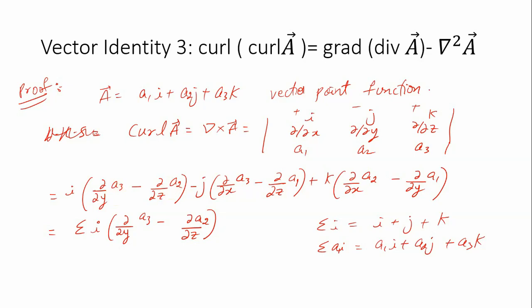Now I am going to take curl of curl A bar. Yes students. So curl of curl A bar is equal to del cross curl A bar. Already we have calculated del cross A bar students. Just substitute here.